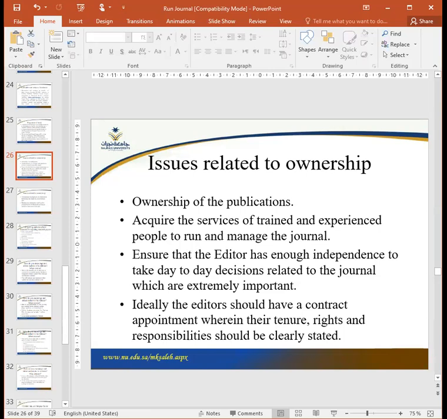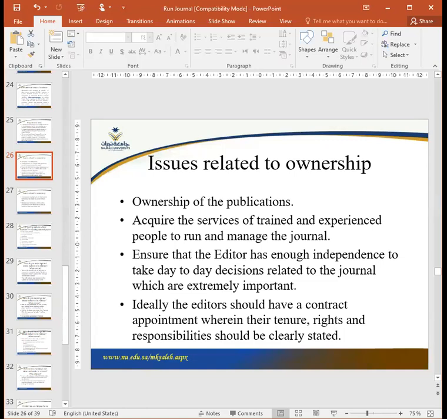But while assuring financial support, this institution or organization must also ensure that the editor has enough independence to take day-to-day decisions related to the journal, which are extremely important.